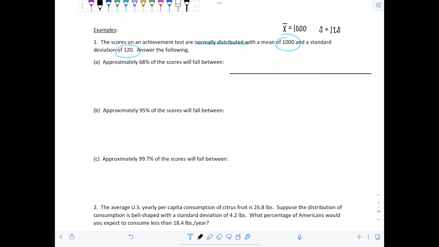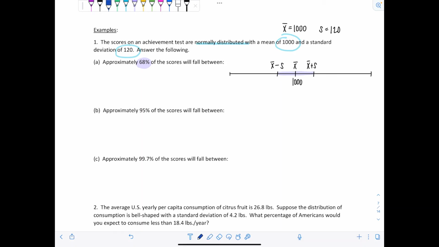So what I'm going to do, I'm not going to draw the bell curve part. I don't need that. I know from the empirical rule that 68% of the data values lie within one standard deviation of the mean. So if the mean is over here, here's the mean at 1,000, within one standard deviation on each side, so x bar plus 1s or x bar minus 1s, I'll have 68% of the data values or the scores. So can you figure out what they are?